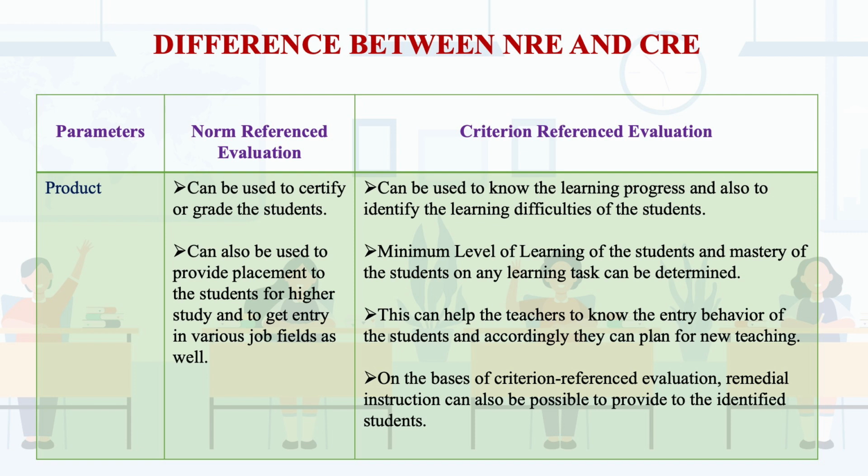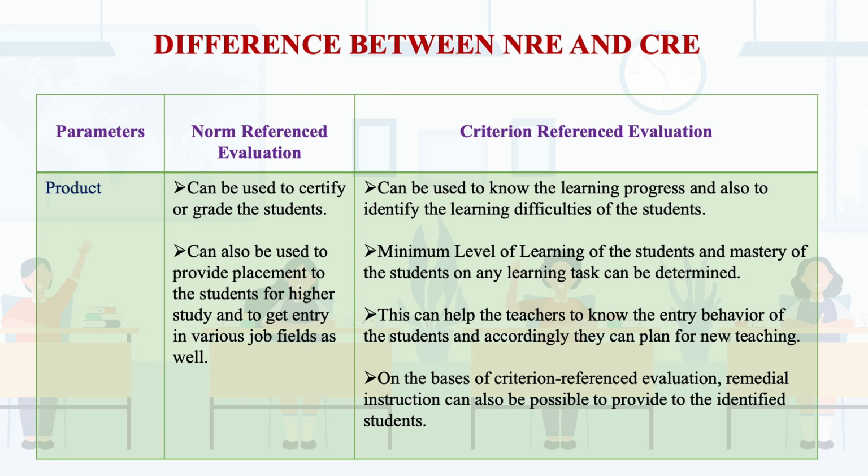And further, this can help the teacher to know the entry behavior of the students, and accordingly they can plan for new teaching. So equally, it helps the teacher to understand the students, whether the students are progressing or not, achieving mastery or not, and the strengths and weaknesses of the students, so that the teacher can design his or her teaching in the right way.